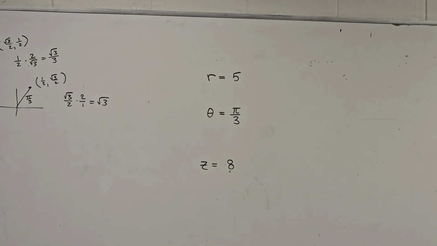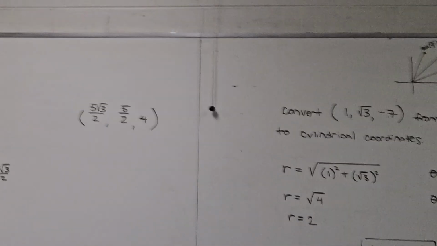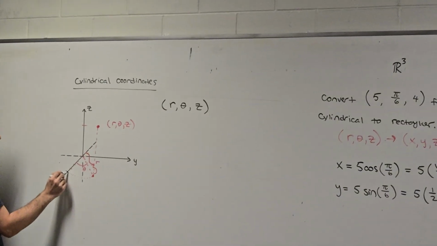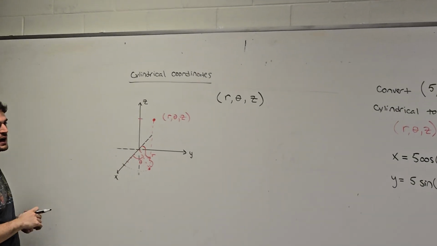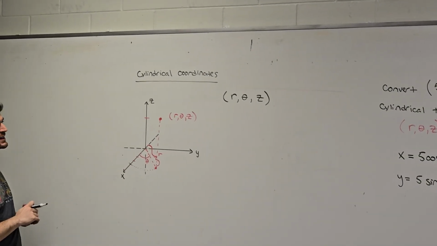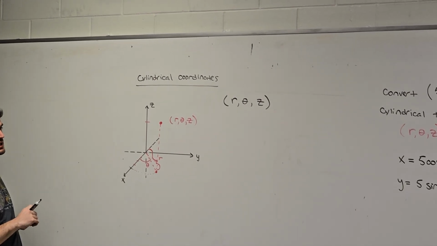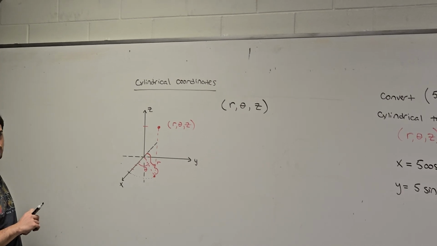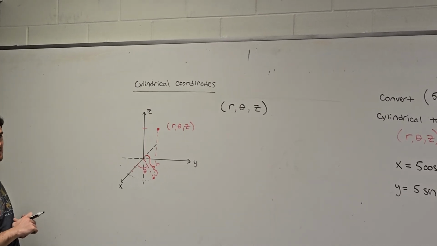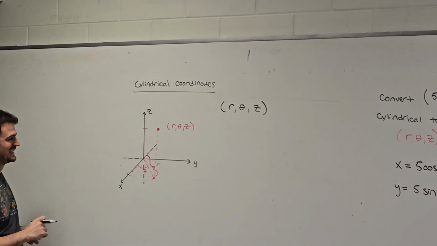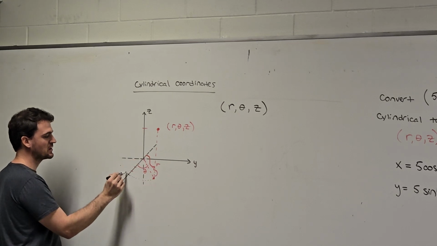So if you had r equals 5 in cylindrical coordinates, that's saying no matter where you go, you always just go out 5. What kind of surface does that represent in 3 dimensions? It's a cylinder.